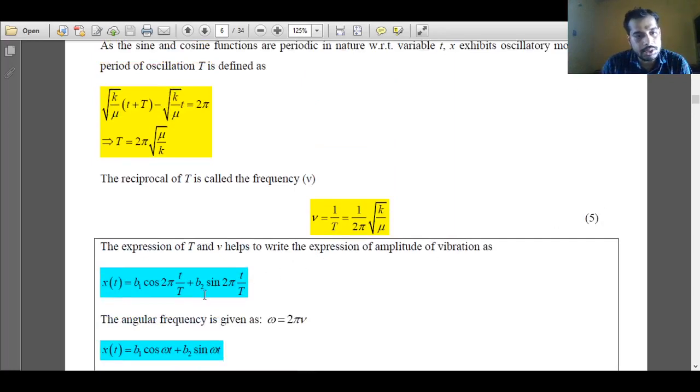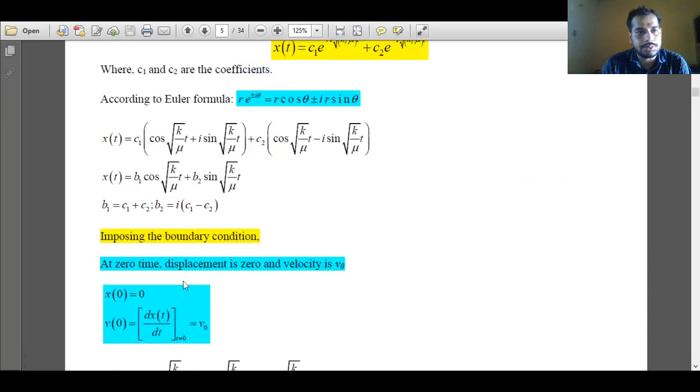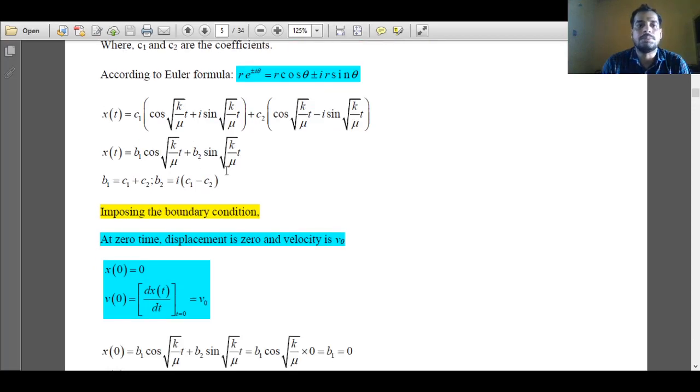Now the general solution of displacement with respect to time that we have obtained was B1 cos root over k over mu t plus B2 sin root over k over mu t. When we applied the boundary condition, the first term vanished, only the second term was remaining. Before applying that, we can also rewrite this displacement expression.